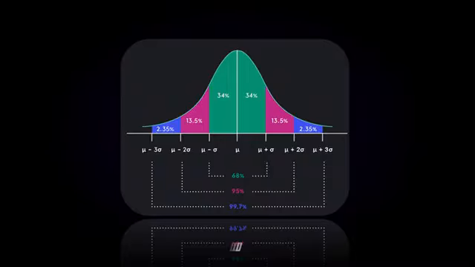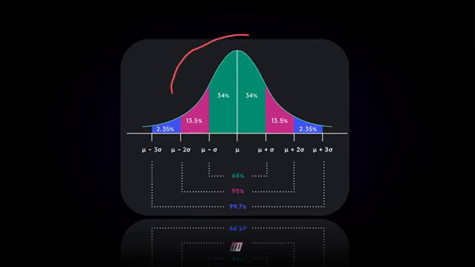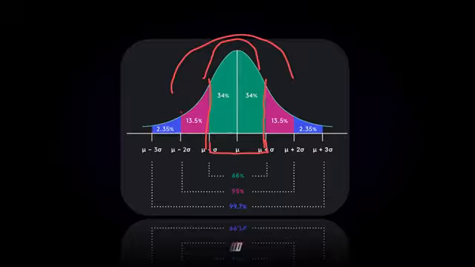In most things that we can measure, in most events that we can measure with big samples of data, you will likely see something very similar to this curve, right? And 34% of the samples typically will tend to be within this average range, which we call the first standard deviation.